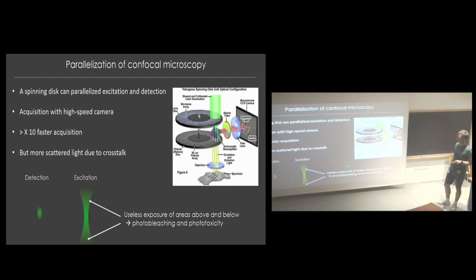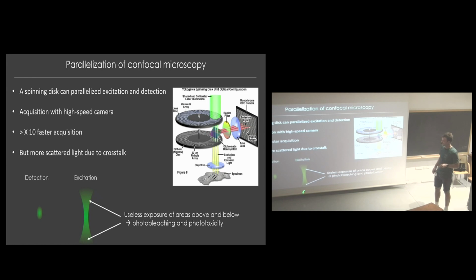So it's really sensitive. The only drawback is that you can have some crosstalk between neighboring pinholes. So basically, if you are going deep, the light from one position can be scattered and can enter another pinhole. And this can reduce the imaging depth that you aim for. But still, even if this is a really interesting technique, you have some phototoxicity because, due to the optical sectioning, we detect only one part of the emitted fluorescence.